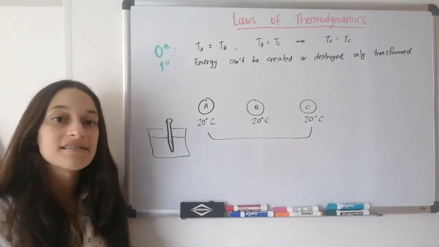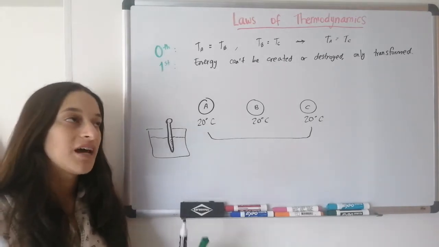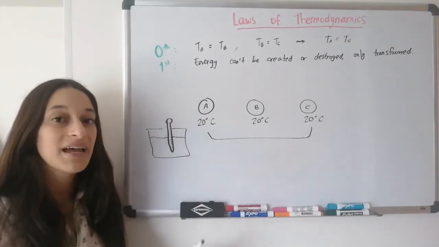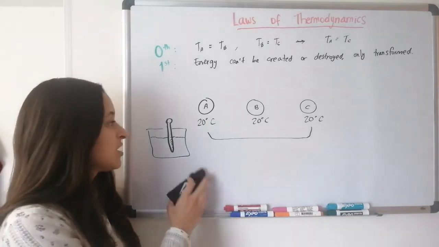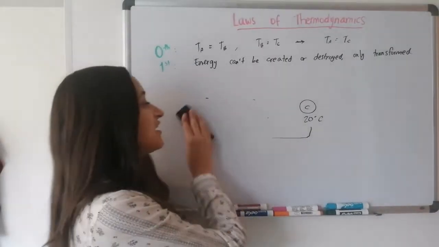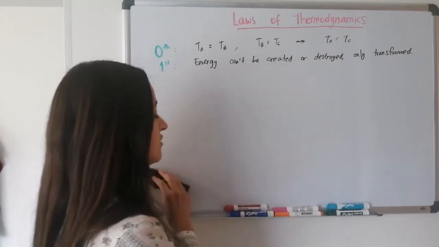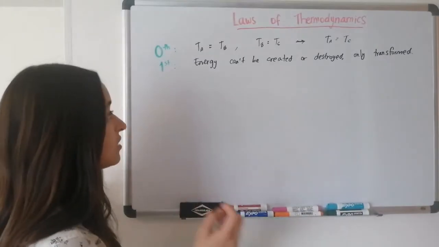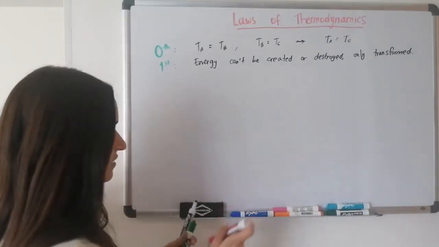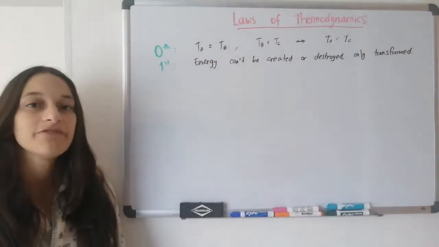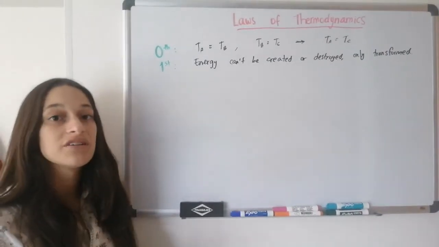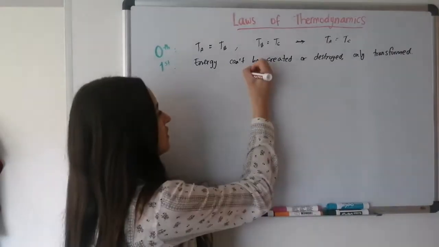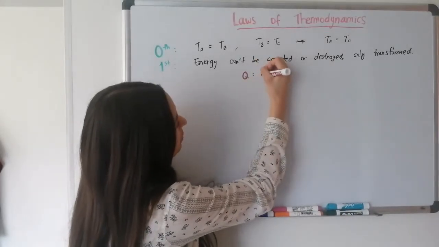But it also has a more thermodynamic and mathematical way of being expressed. For that, we're going to need to define a couple of concepts. Well, some we already know. We've been talking throughout this whole unit of heat, and heat is given the letter Q. We know that already.